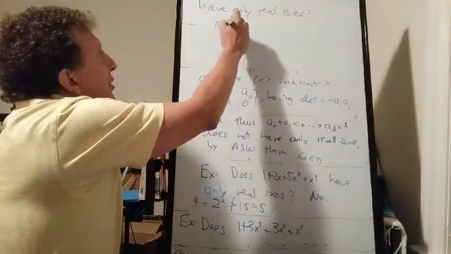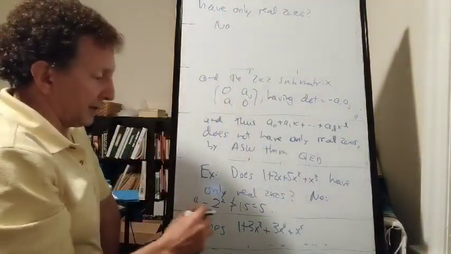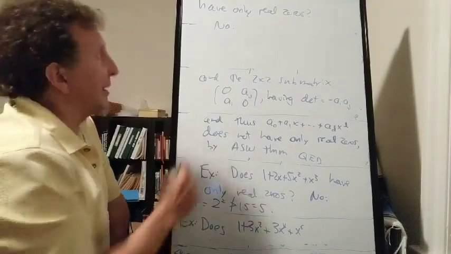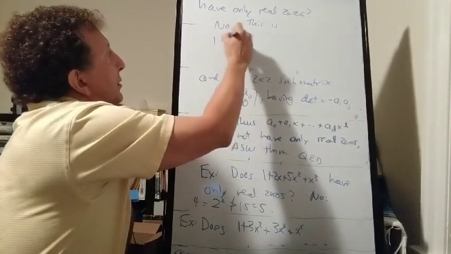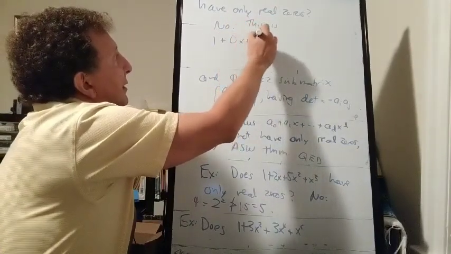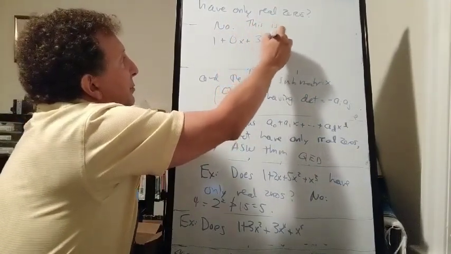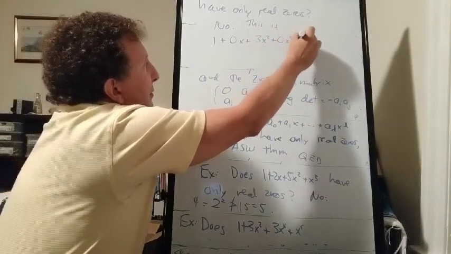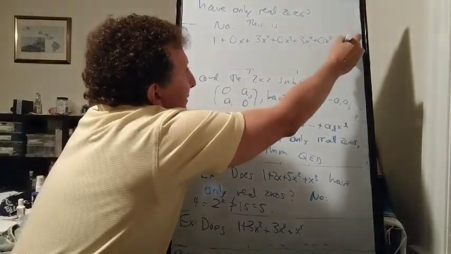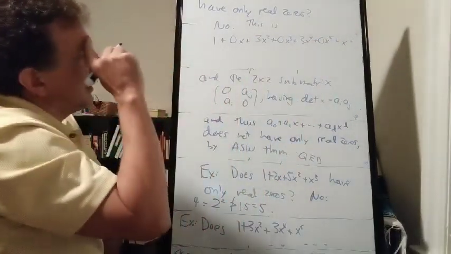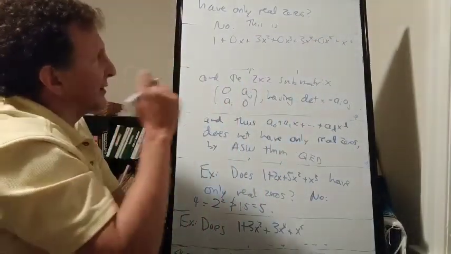And the answer is no, because, well, it looks like the coefficients are log concave, but this is actually 1 plus 0x plus 3x squared plus 0x cubed plus 3x to the 4th plus 0x to the 5th plus x to the 6th. So the coefficients are in fact not log concave.